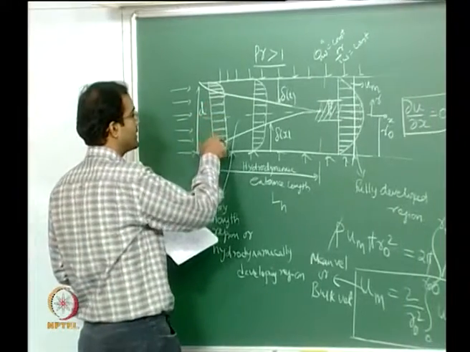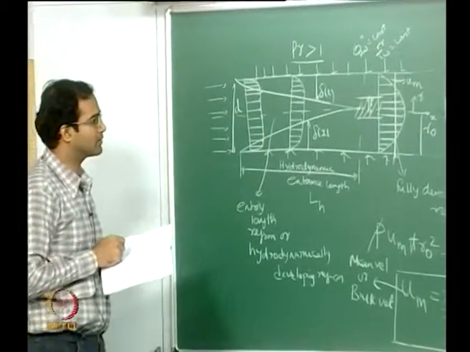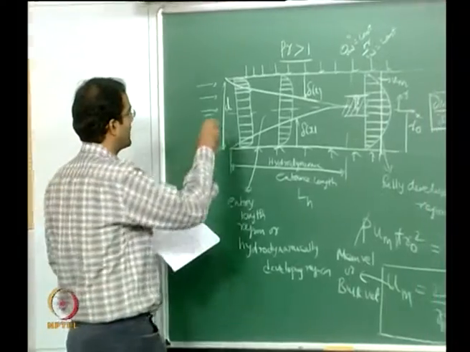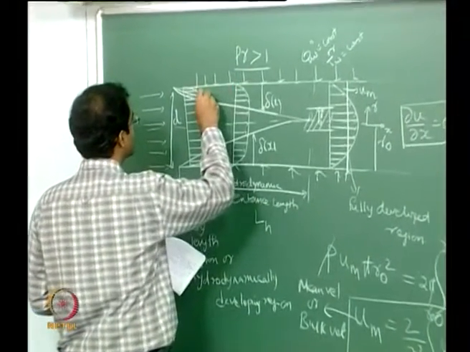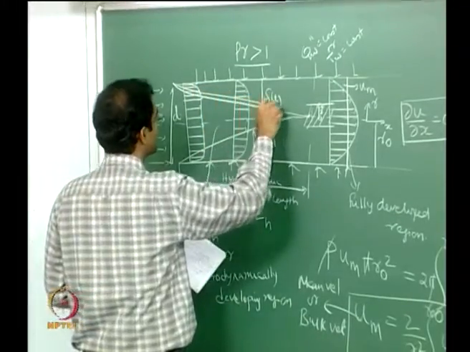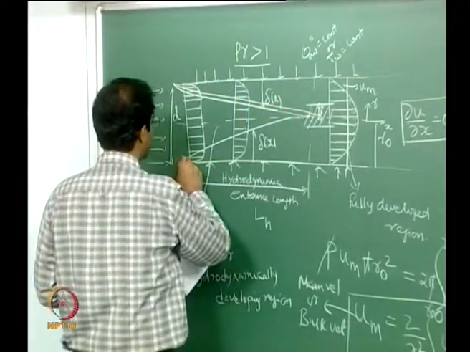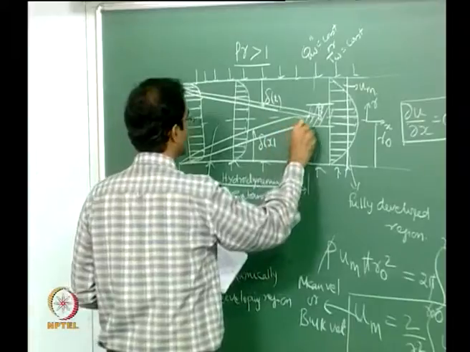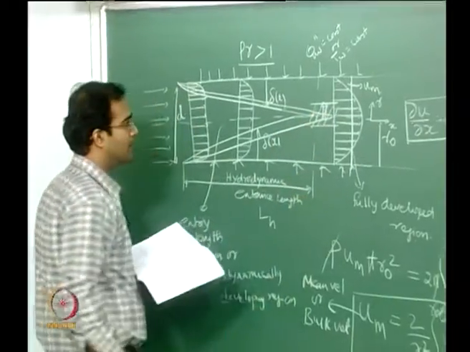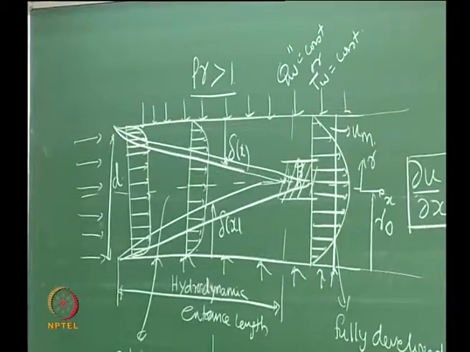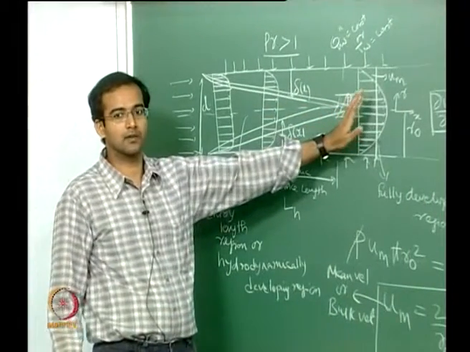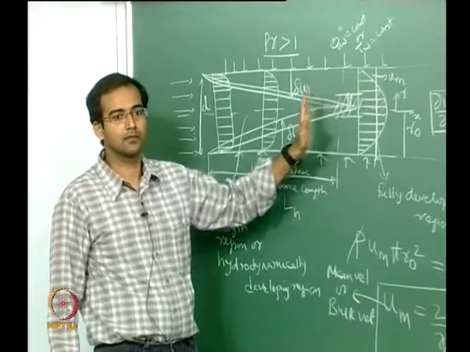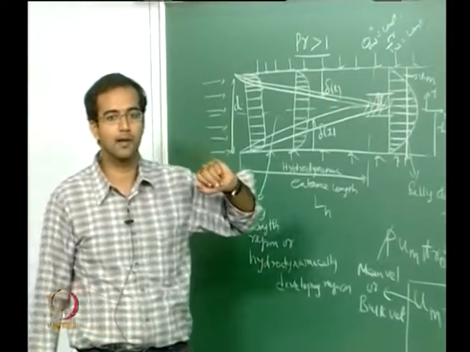Now associated with the boundary layer growth of the velocity profile, you can also have a thermal boundary layer growth. If my Prandtl number is greater than 1, my delta T will be less than delta. Therefore the growth of the thermal boundary layer will be smaller than the velocity boundary layer growth, and the point where they merge will be slightly downstream of the hydrodynamic entry length.